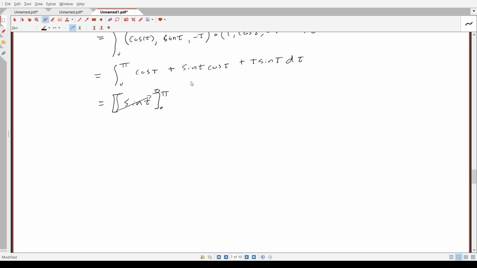Okay, and then this, I can rewrite as 1/2 sine of 2t. So the integral of sine is negative cosine, from 0 to pi.